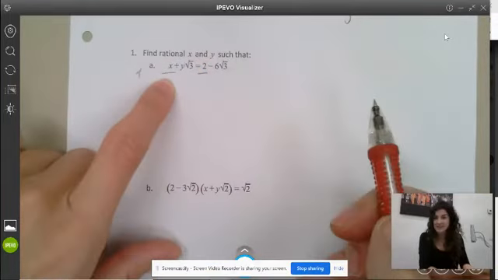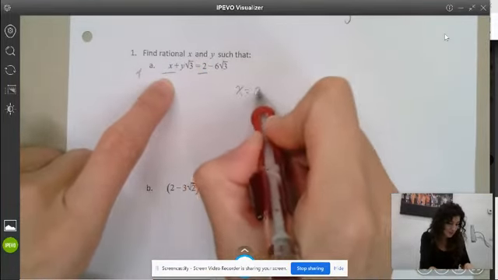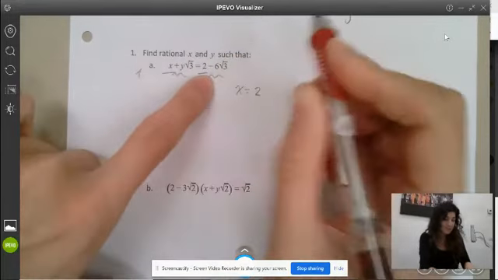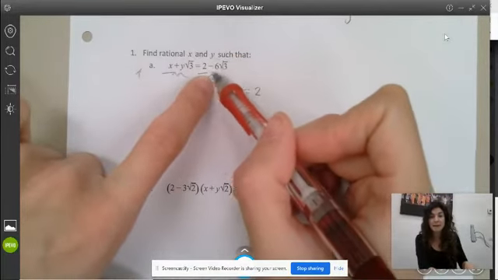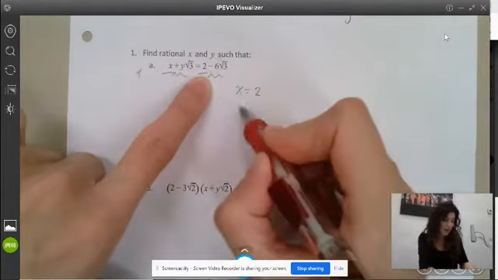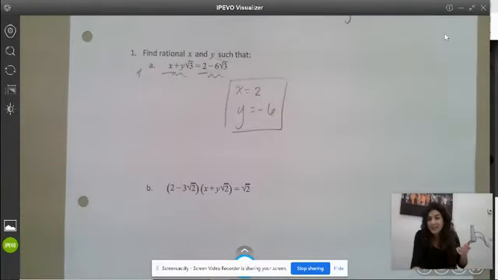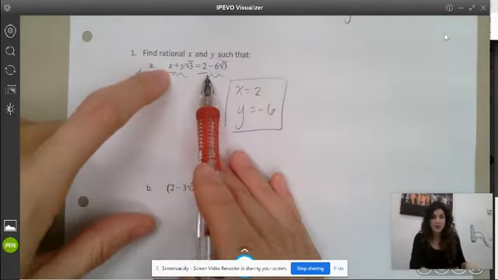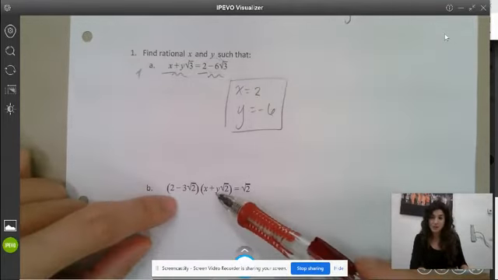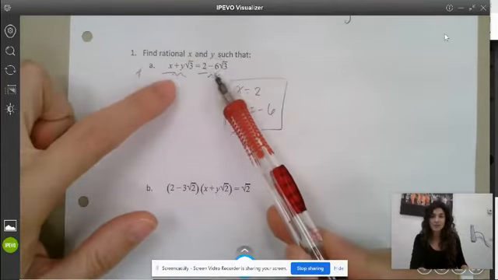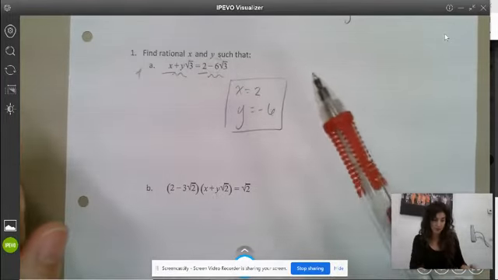Notice here that x is in the same place as 2, so x equals 2. And then y is in the same place as, be careful, it's minus 6 here, which means your y is negative 6. So this is the general idea of what we want to get to. We typically start with something a little bit more complicated, but this is what we want to get to so we can then answer the question.